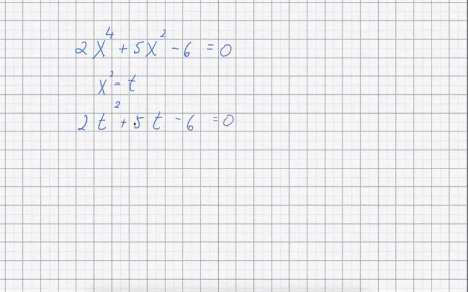And you know how to solve that. Yeah. And then you solve that, but you solve for t. Why did you switch the x4 to t2? Because x to the power of 2 is t. And x4 is x to the power of 2 to the power of 2. Got it.